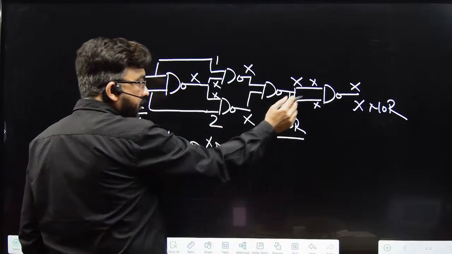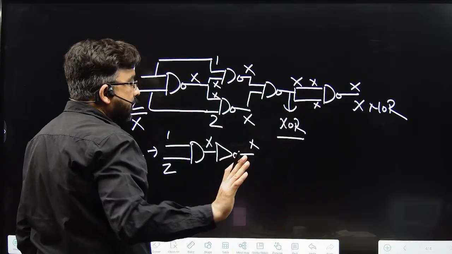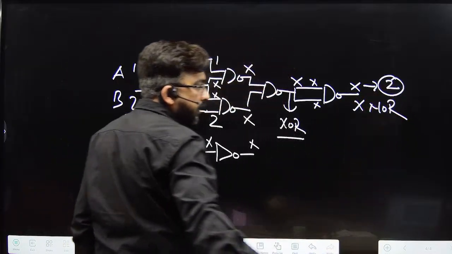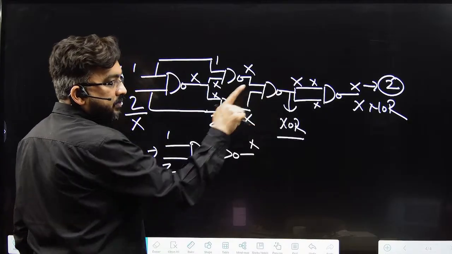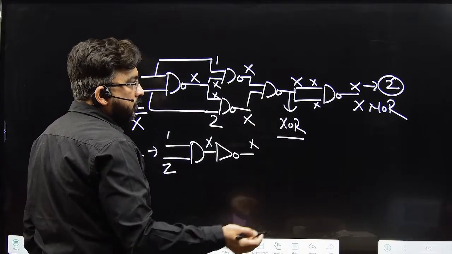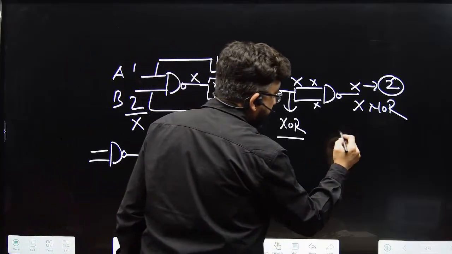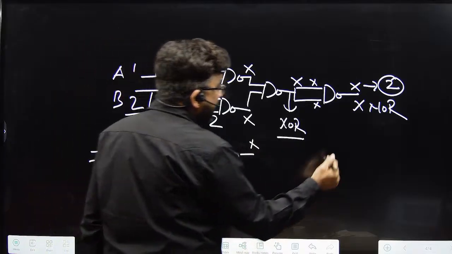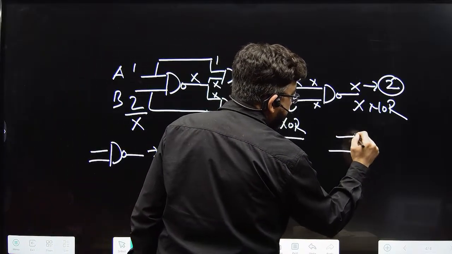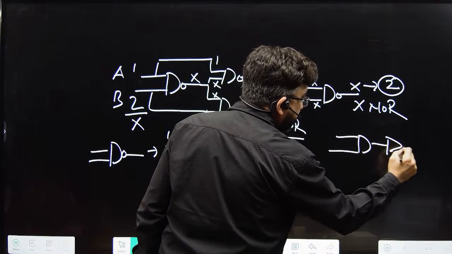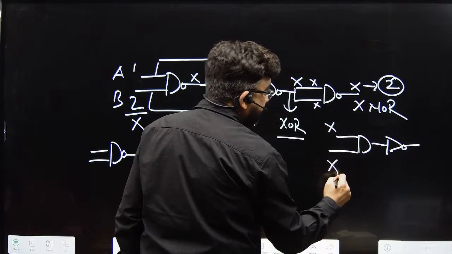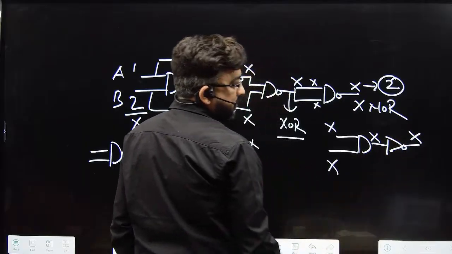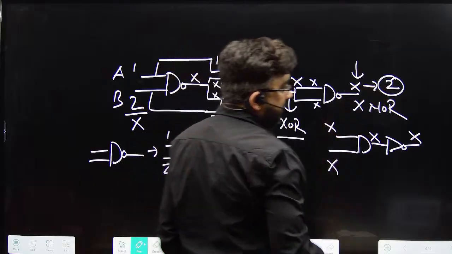As per the theory, the output is correct, but as per the simulation, I am getting output Z. I don't know why I am getting Z. Maybe they have set the value inside the code. If I take NAND, which is made up of AND and NOT, X and X will give X, and again the output is X. So I should get X, but here it is showing Z.